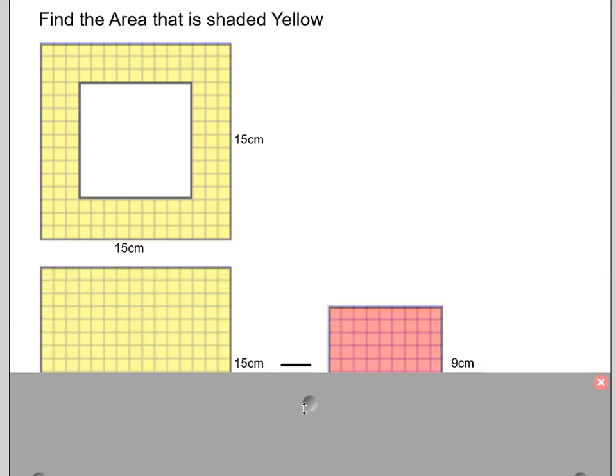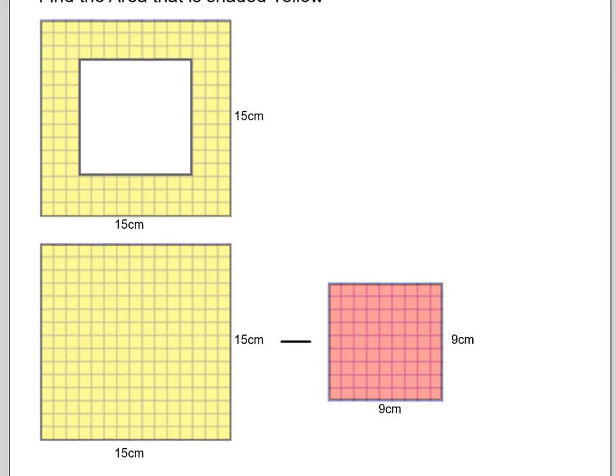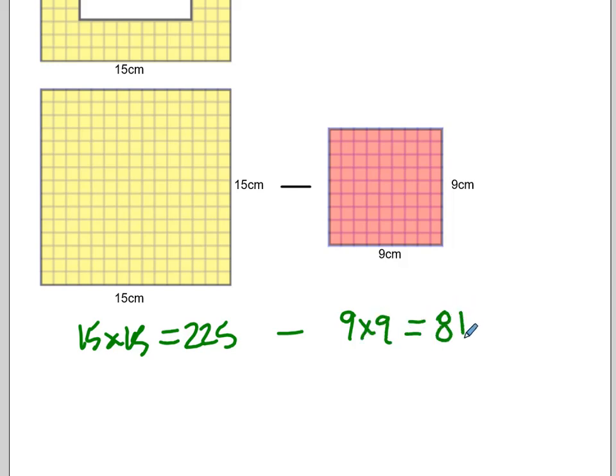Okay, so now an alternate way to look at the problem is something like this. Could we take a giant yellow square that's filled in? So this is 15 times 15, which is 225. And what if we subtracted the area that was in the inside, which is 9 times 9, which is 81.